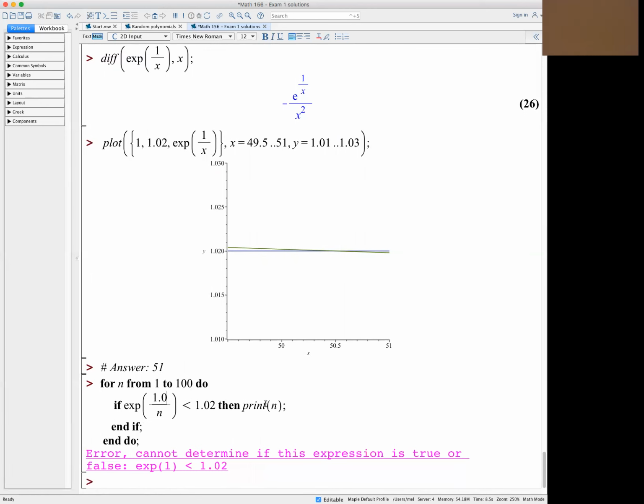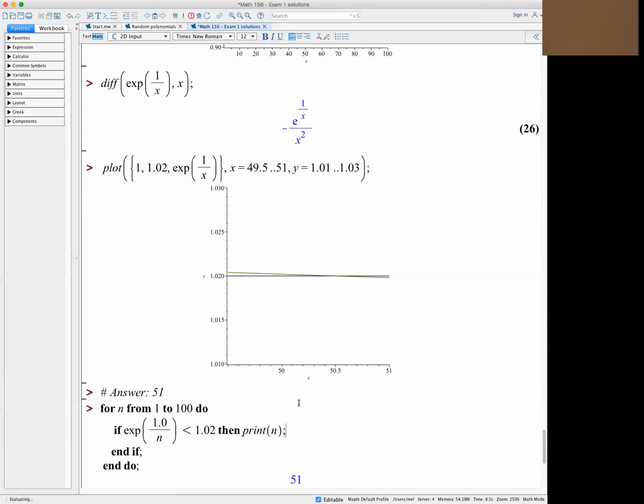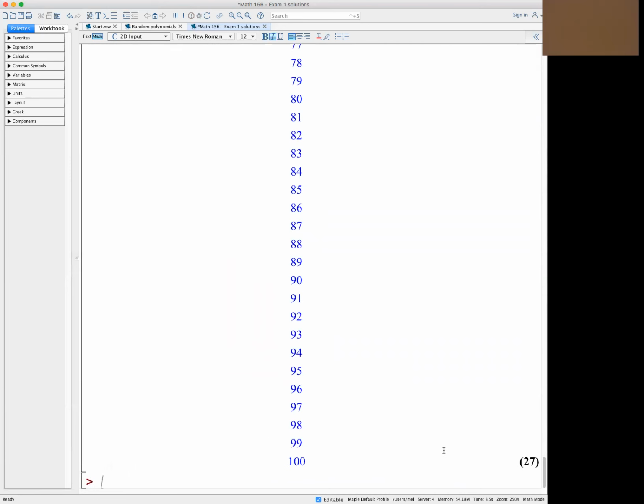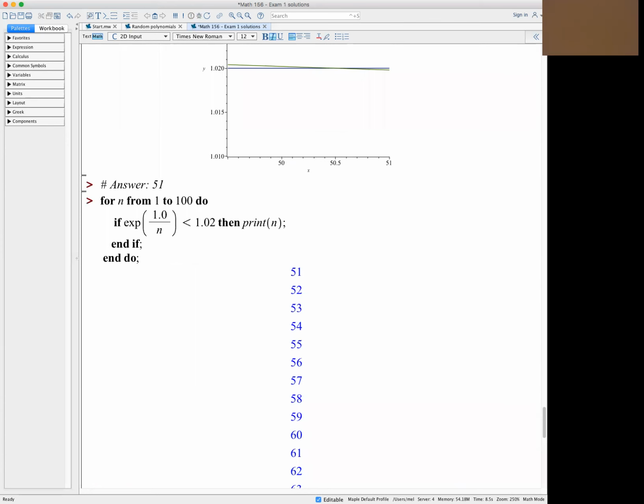Let's make everything a decimal. Fantastic. So starting with 51, e to the 1 over n is less than 1.02. I had to make this a decimal, so this will come out as a decimal. I just replaced the 1 by 1.0, and I get 51.